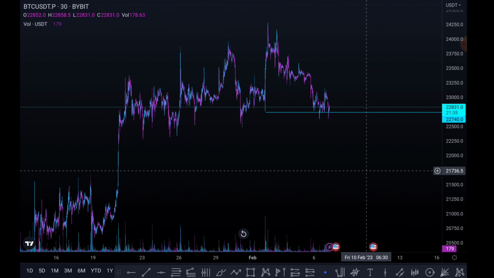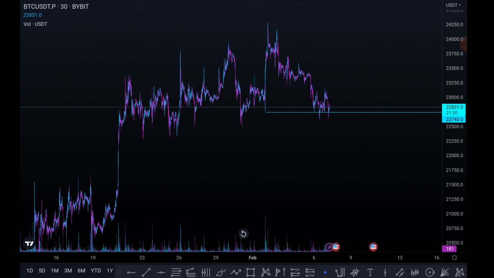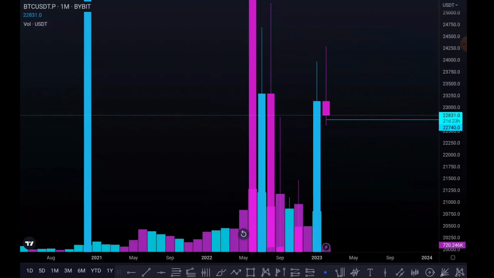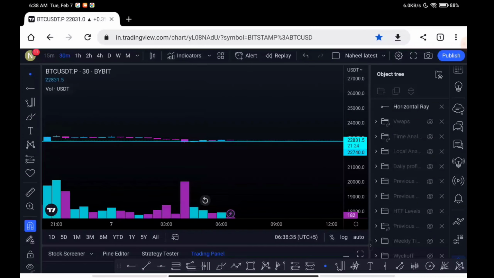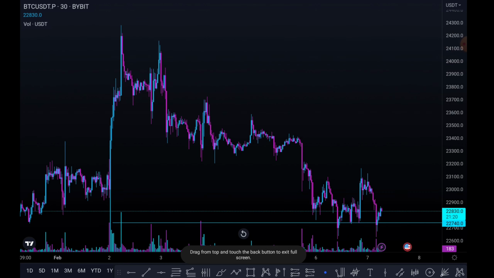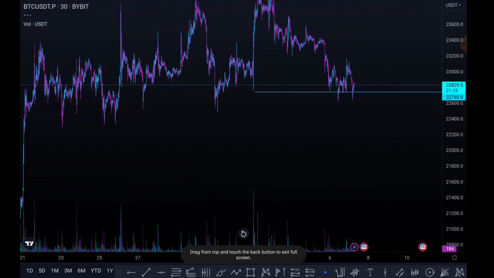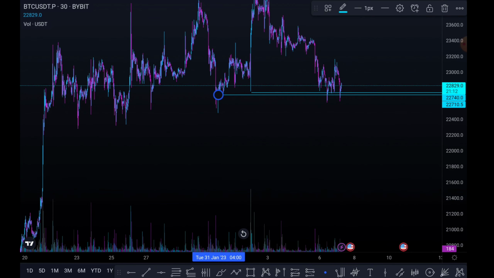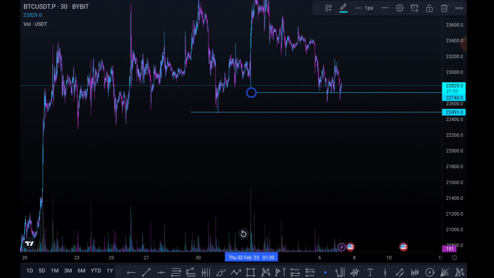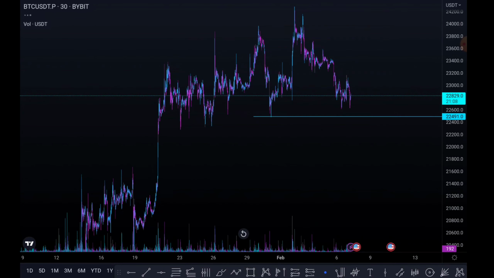However, it does not classify as a break of structure, not in my opinion though. A real structure break would be somewhere around this region.